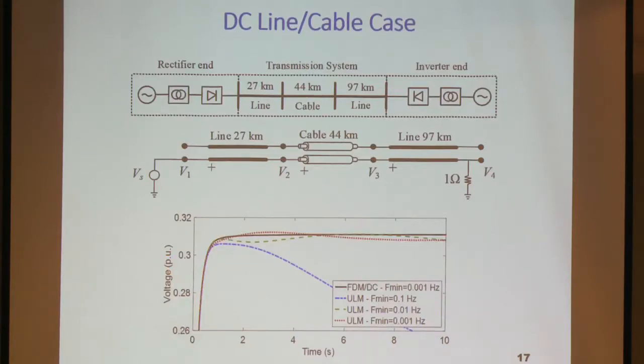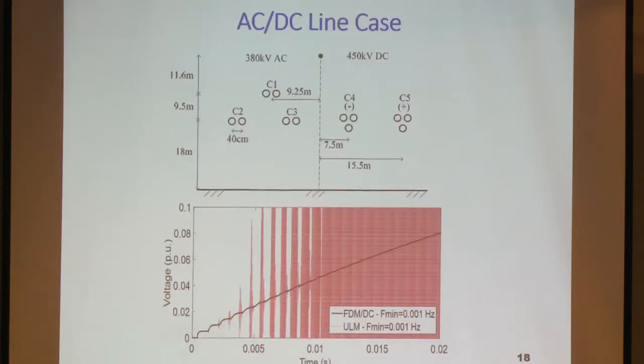Thanks to DC correction, this is a nice case showing the importance, because I do partitioning and I take care of DC frequencies separately, and I apply a correction term. I think this is very good for studies with AC-DC lines or HVDC lines, hybrid configurations.